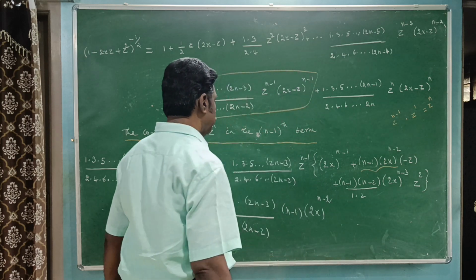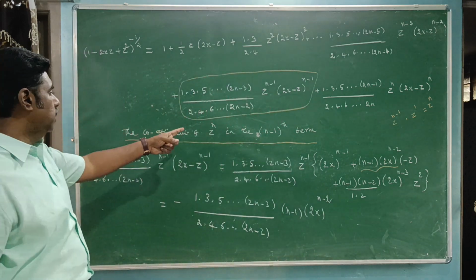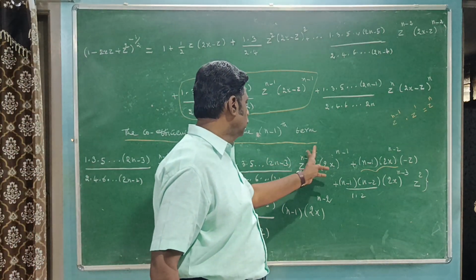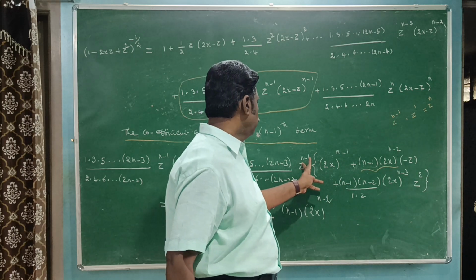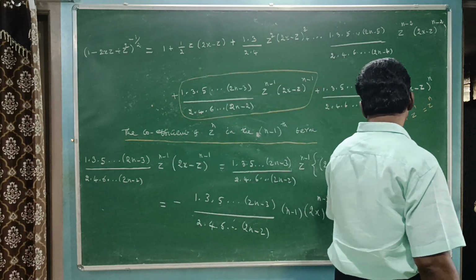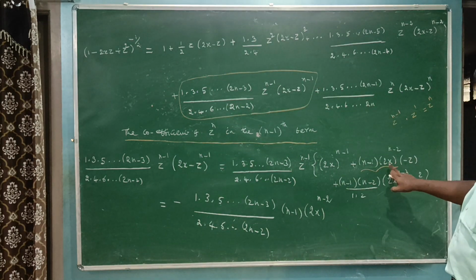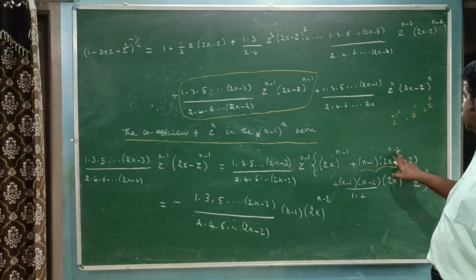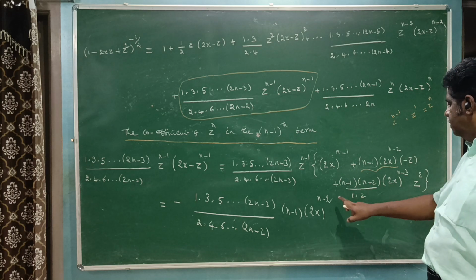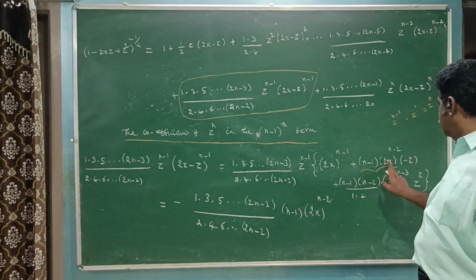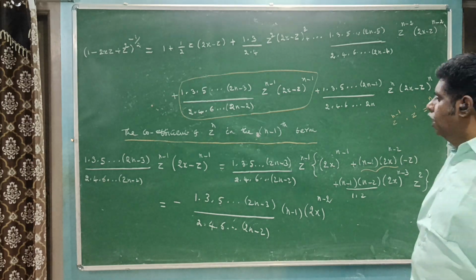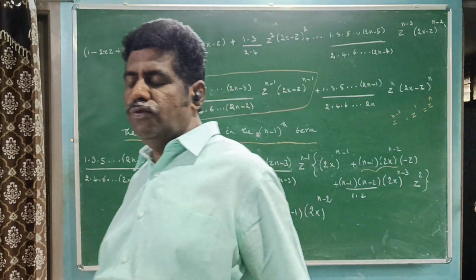This is the coefficient of z power n in the n minus 1th term. Just multiply with the help of z power n minus 1 to the terms available here. Here only we make it z power n term. So the coefficient of z power n is n minus 1 into 2x whole power n minus 2. Now we have to modify this term further.